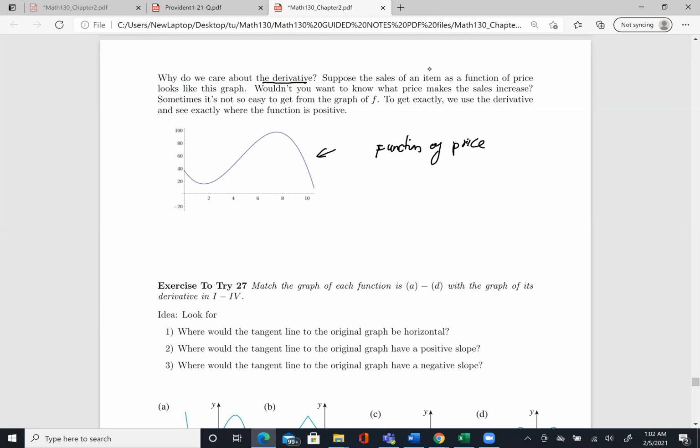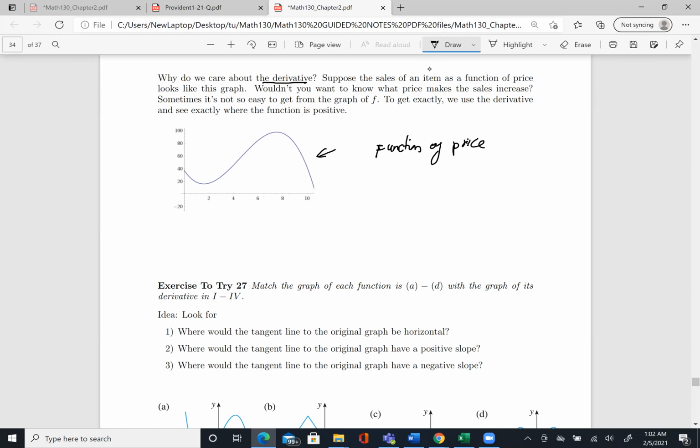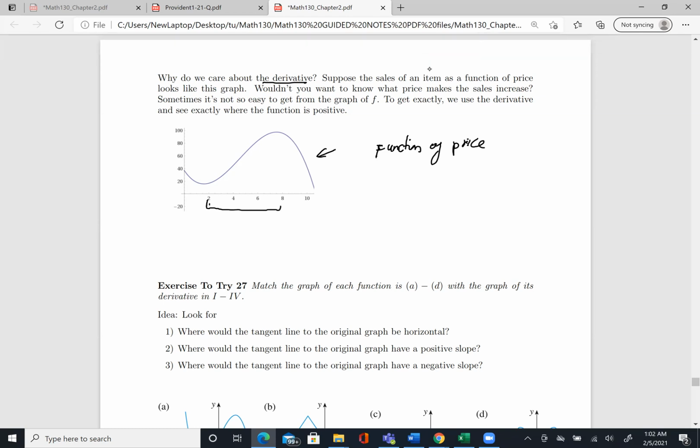So we actually need to know where exactly. It looks like from here to here it is increasing, the price makes sales increase.